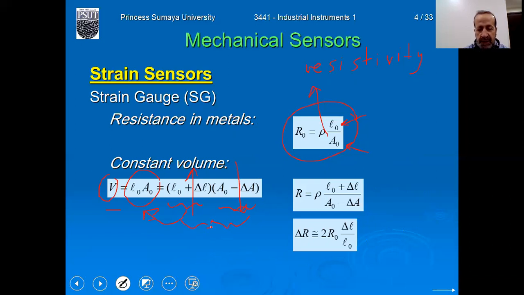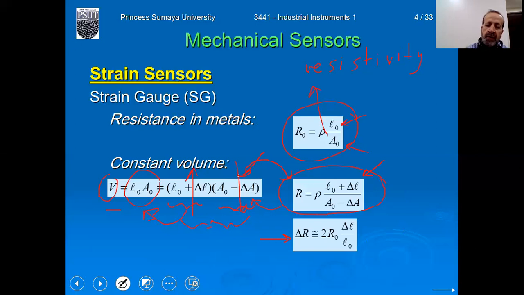And R, the resistance, is equal to rho times L0 plus delta L divided by A0 minus delta A. If we substitute this equation in this equation, we'll have a new equation, this one. And after approximation, because both this equation and this equation are not linear, when we substitute this one and this one, we made the approximation for small changes, we ignore the small changes, for example.